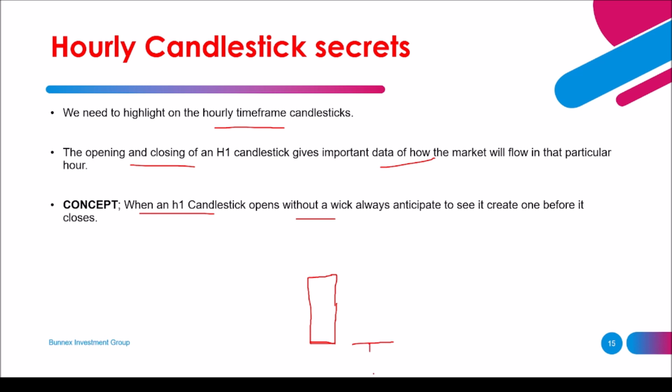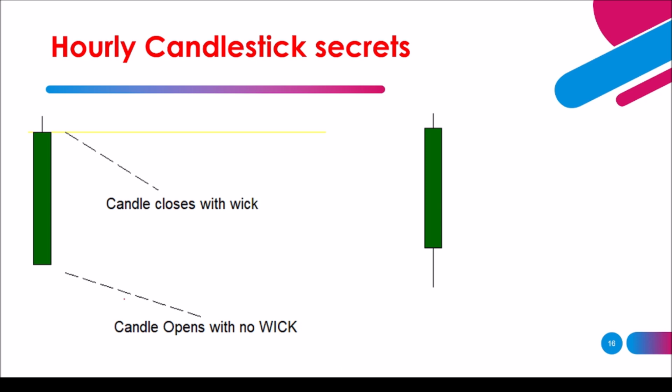So do not always get trapped with H1 candles. Like in this case, we can see a candle opens with no wick with a flat base like this. Price on this yellow line is moving, pumping to the upside, and you can get in with FOMO, meaning fear of missing out, but later you see your price at this point and it retraces to create a wick like this.